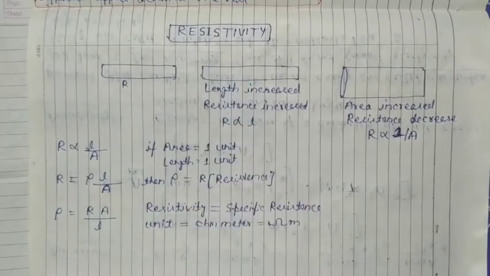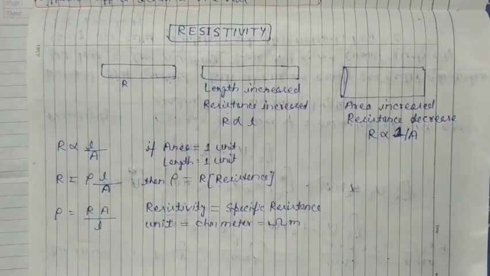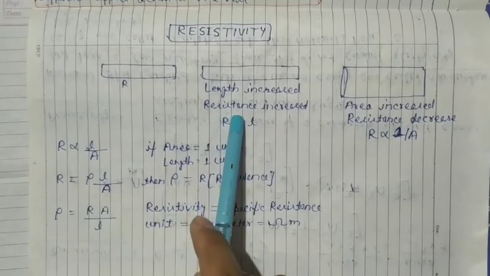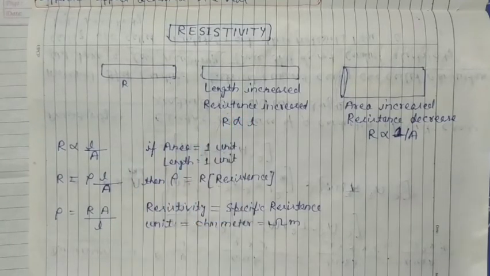Will the resistance change or the resistivity change? Answer: resistivity will not change, because we are not changing the material. What will change? Resistance will change, because length has been changed and area has also been changed.